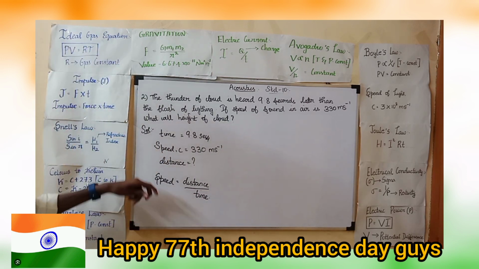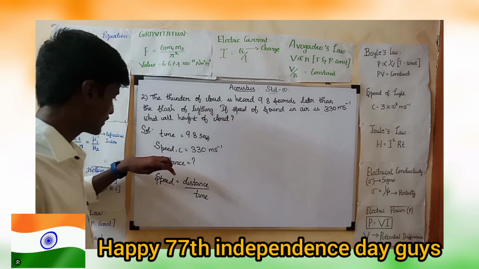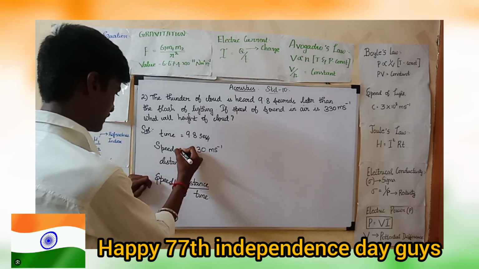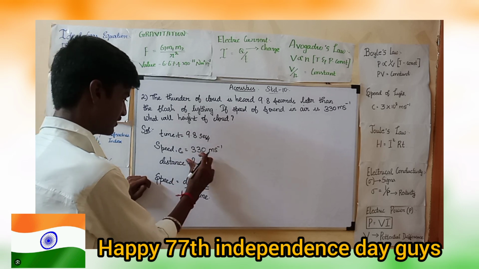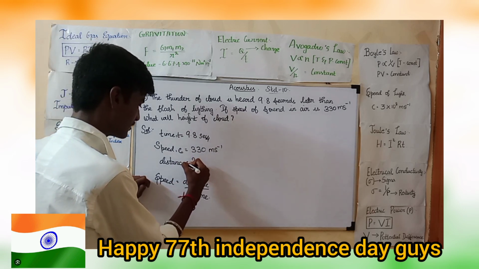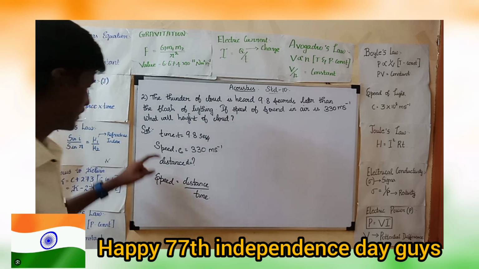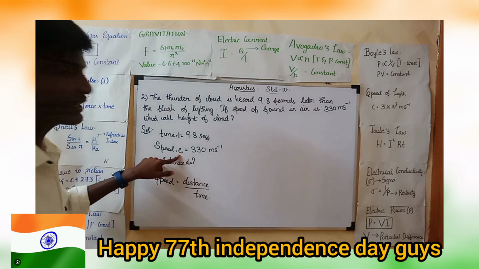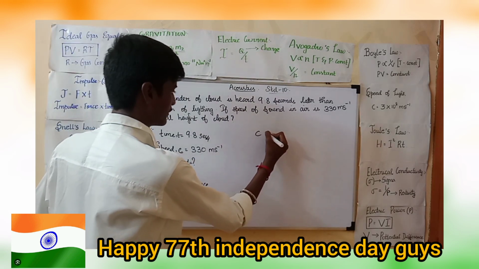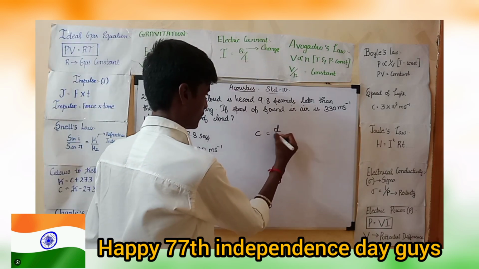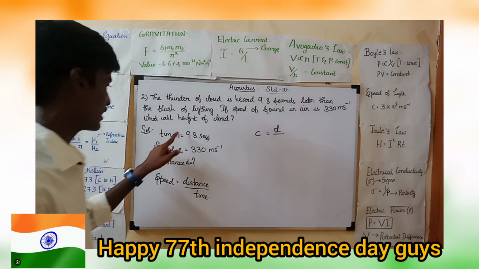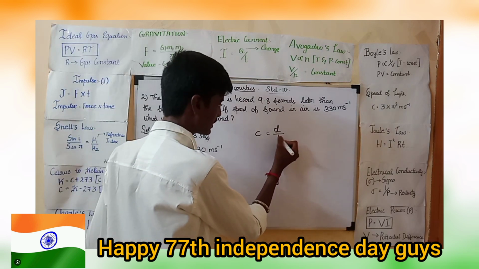So you just substitute these values. Distance is shortly written as d. Instead of speed we can write c, which is equal to distance d by time. We take time as t.